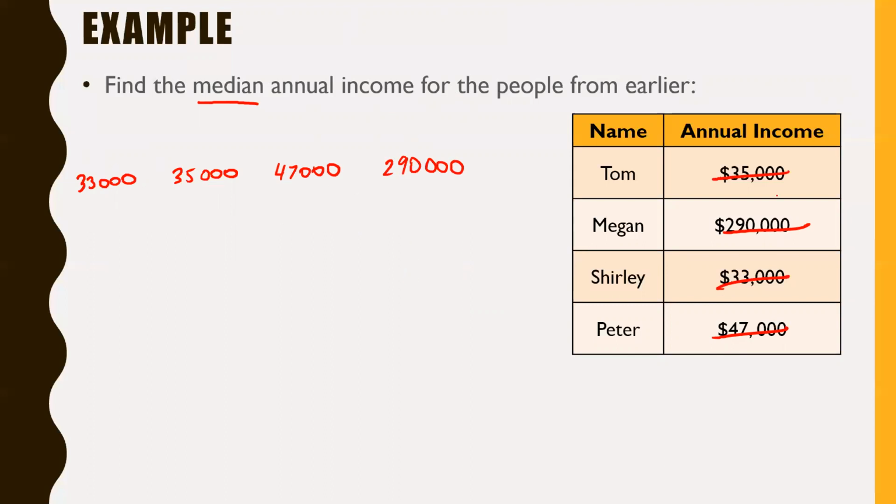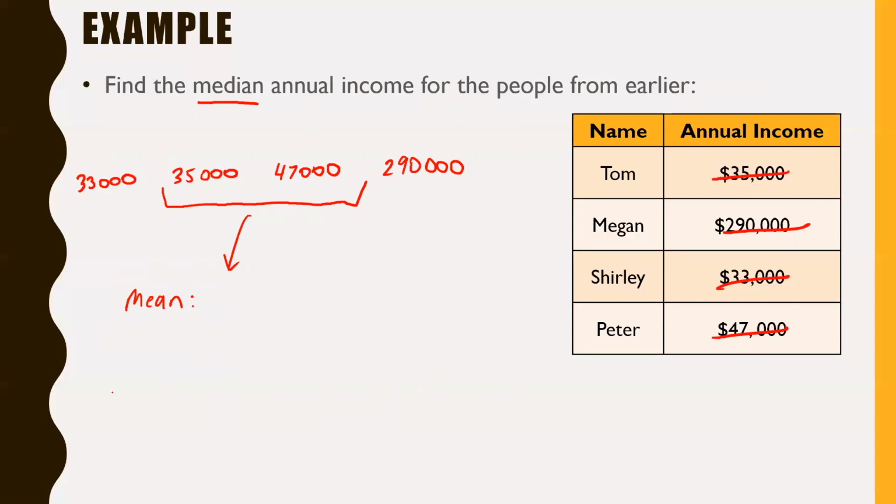But notice, because there were 4 different items in this data set, that we actually have 2 middle numbers, right? Because if there's a middle in between here, you'd say the middle somewhere right here, but we really have these 2 middle numbers. But unfortunately, we can't just say, oh, we have 2 medians. That'd be really nice if we were able to say that, but unfortunately we can't. So what you do from there is you have to find the mean of those 2 middle numbers.